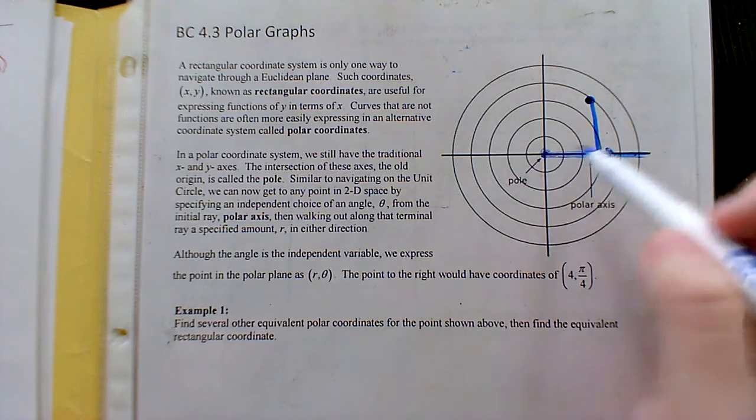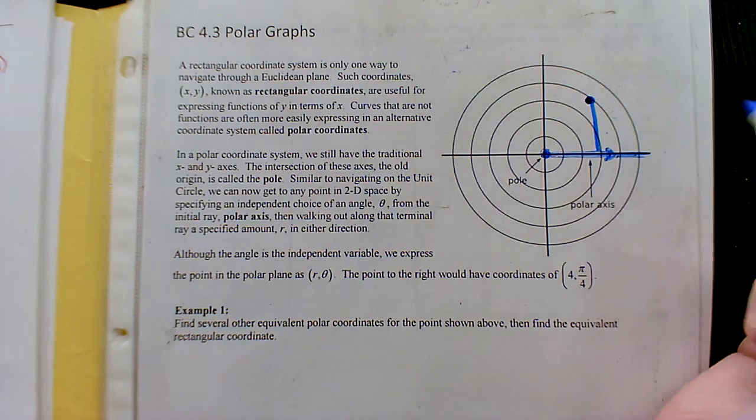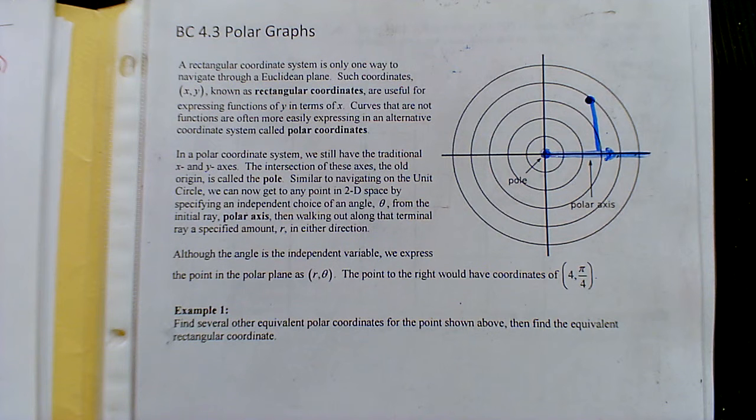If you're standing here, you're going to rotate a certain angle. So for instance, let's say I'm standing and looking this way. I'm going to rotate a certain angle because now I'm looking this way instead of this way. And then once I have that correct angle, I'm going to walk out a certain distance.